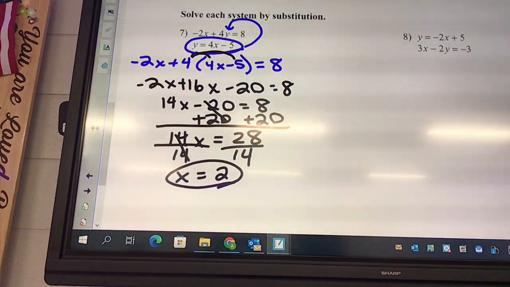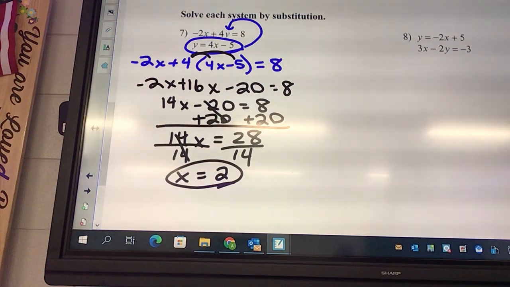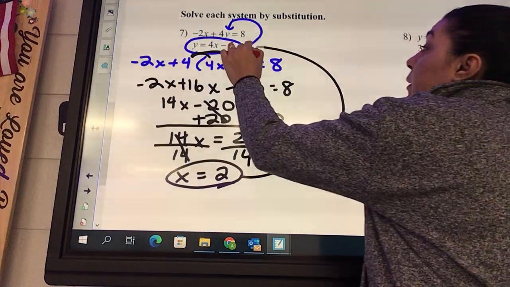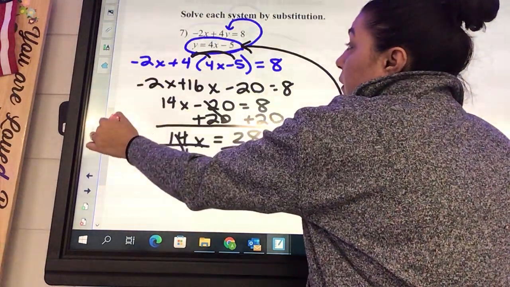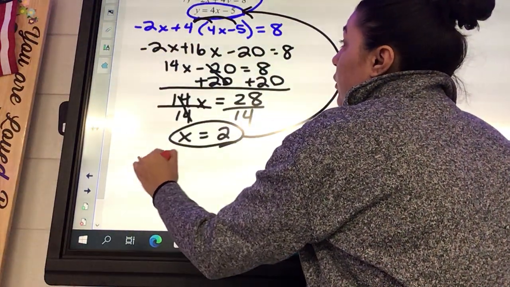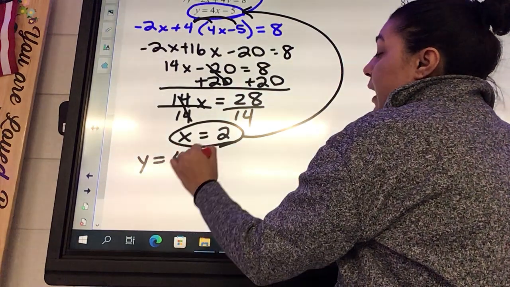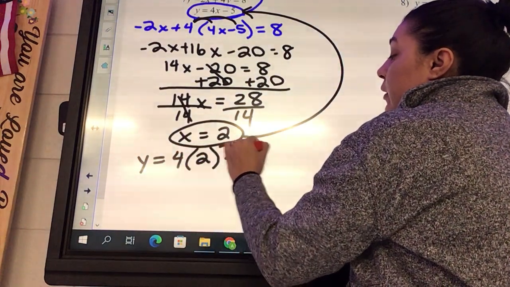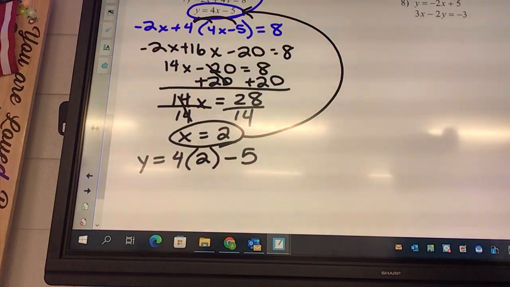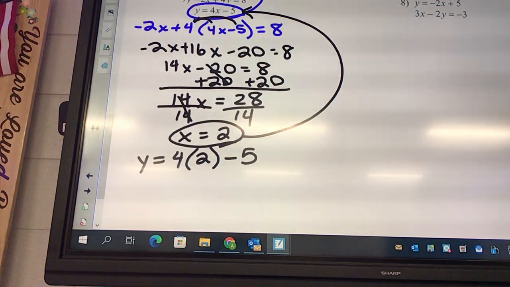Where do you plug that into? Yeah, the y equals the equation up here. Okay. So we got y equals 4, and instead of x, I'm writing 2. Okay, that part you can type on your calculator.